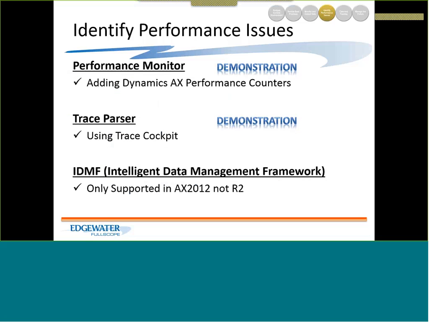There are so many other tools out there too that you can use. Dynamics Perf is a really good tool. It offers some of the same kind of stuff as the data collector, and then maybe some more.